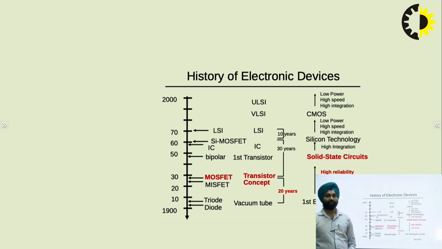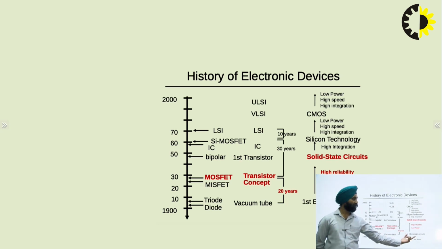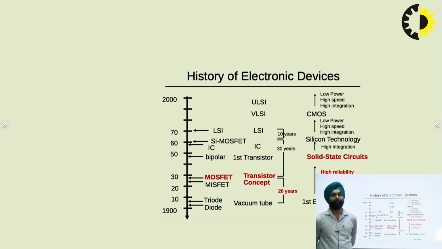This is not only because of the number of transistors, but also because of the change in technology from vacuum tubes to semiconductor devices, the solid state circuits included in the ICs. So from all perspectives of speed, low power, integration, reliability, we are increasing all parameters of the IC day by day.